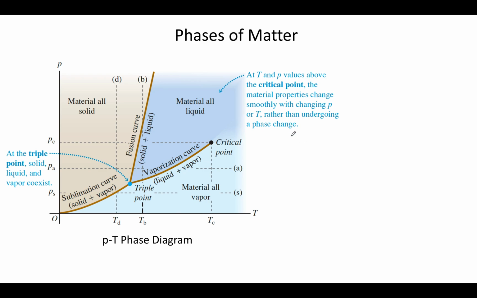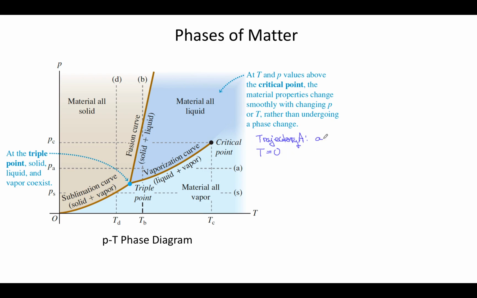What do you mean? Well, let's look at trajectory A. You start at some PA value.